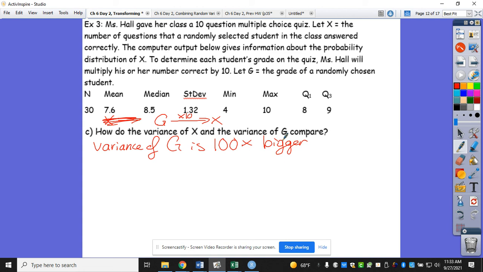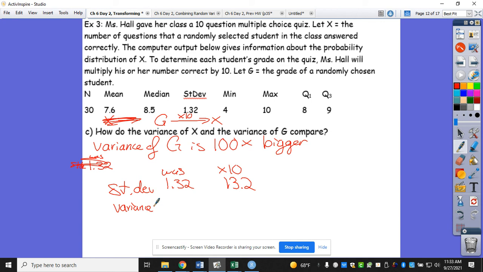So my standard deviation was 1.32. When I multiplied it by 10, it became 13.2, right? So my original variance, what is 1.32 squared?